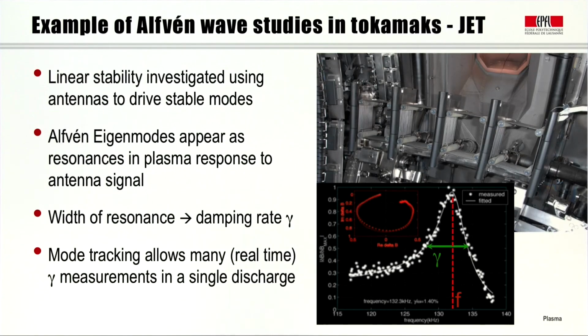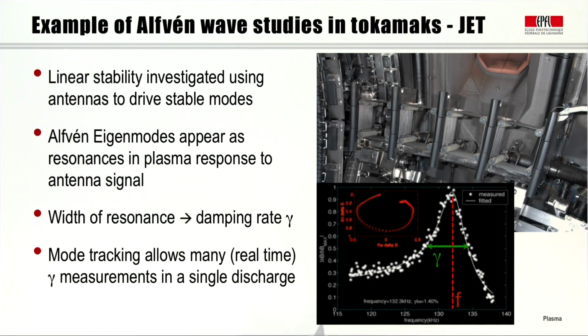Just to give you one example of this kind of investigation, this is what we study on the JET tokamak in terms of the linear stability. The idea here is that the linear stability of the mode is investigated using antennas. These are the 4 antennas installed inside the JET vessel that launch low amplitude stable modes in the plasma.